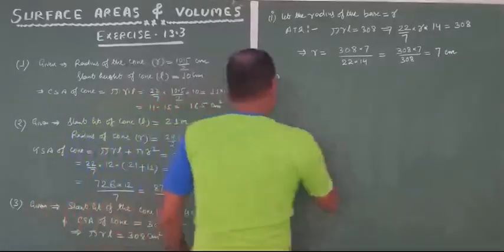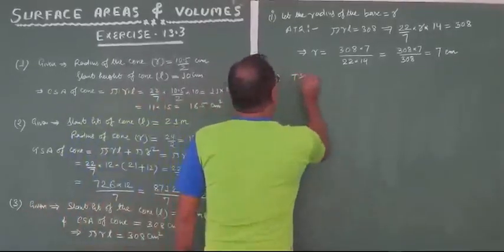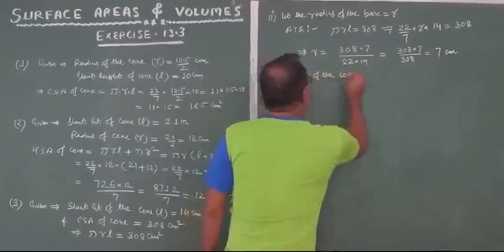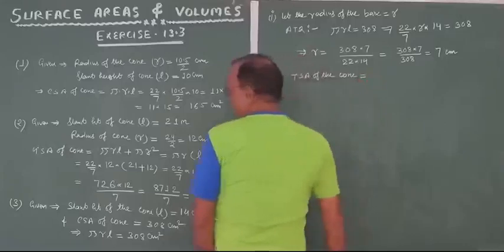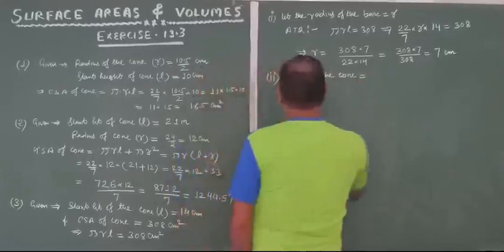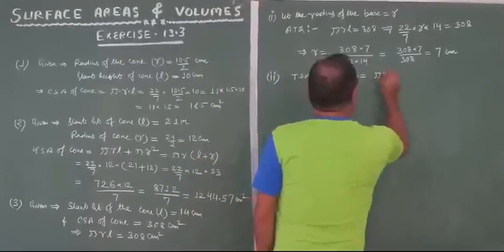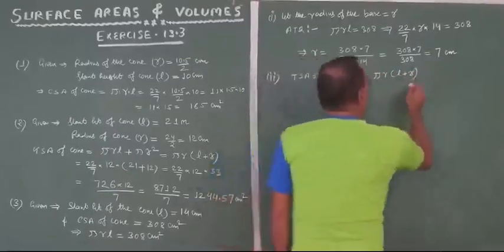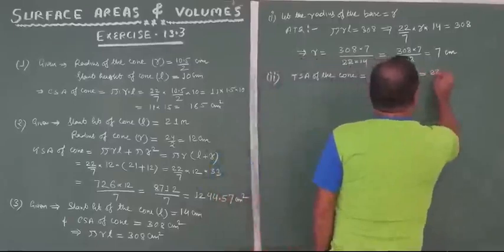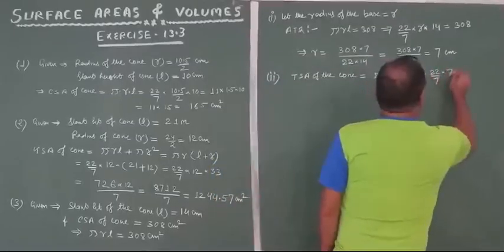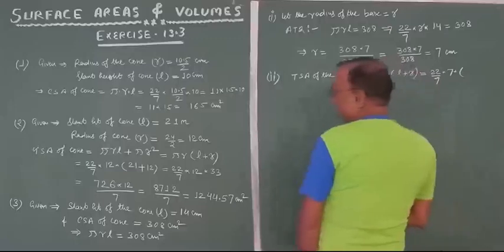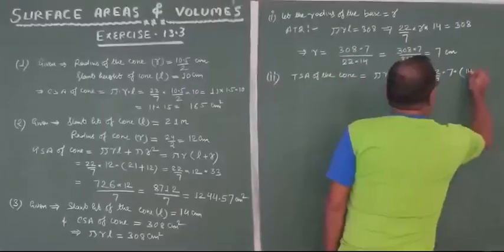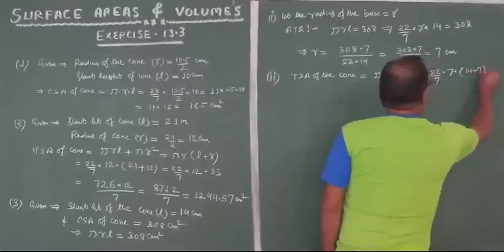The second part is find the total surface area. TSA of the cone is given by, here is the formula, pi R into L plus R. Just put all the values. 22/7 into 7 into slant height is given how much? 14. 14 plus 7.